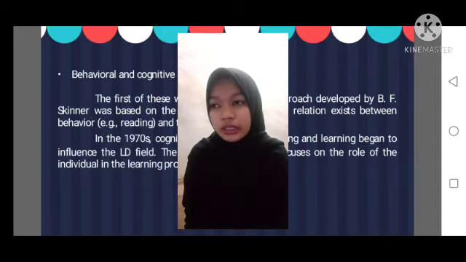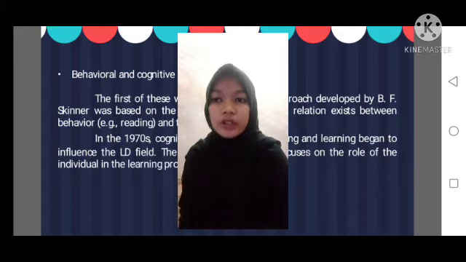In the 1970s, cognitive approaches to teaching and learning began to influence the LD field. The cognitive perspective focused on the role of the individual in the learning process.